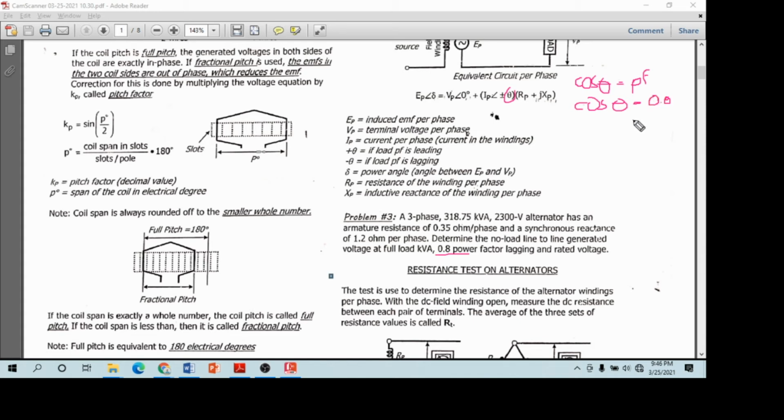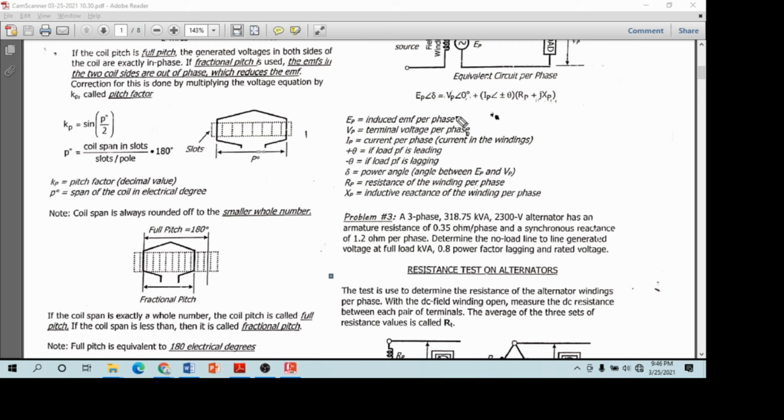The inverse cosine of 0.8 is 36.87 degrees. So that is your theta. And since that is lagging, meaning we're going to use negative. So negative theta.